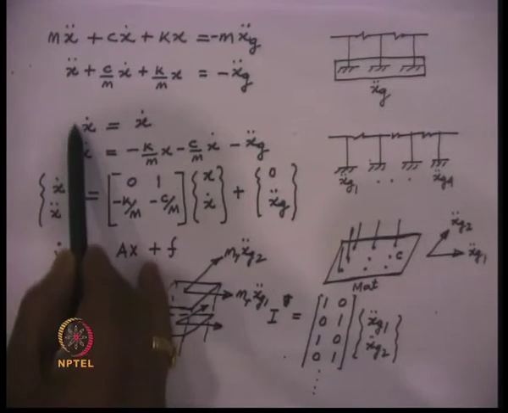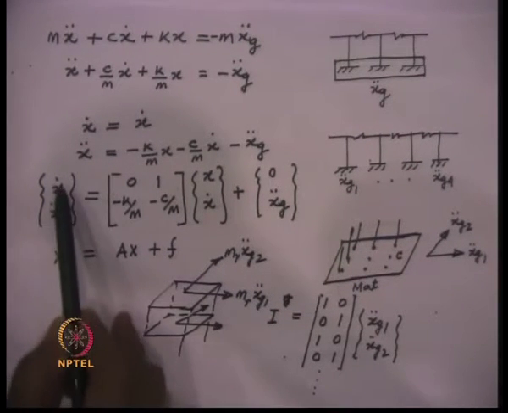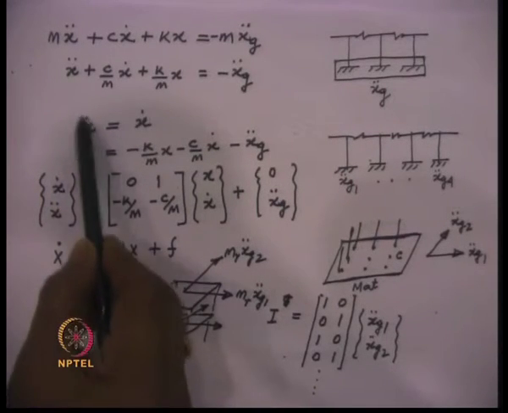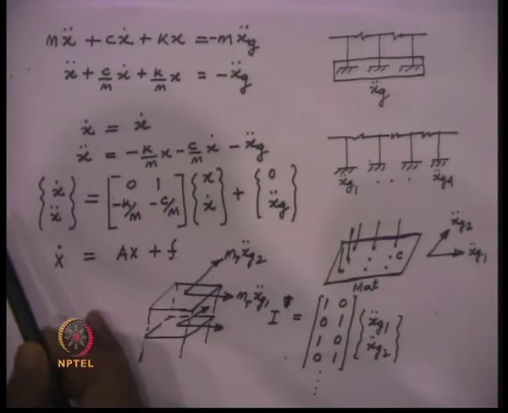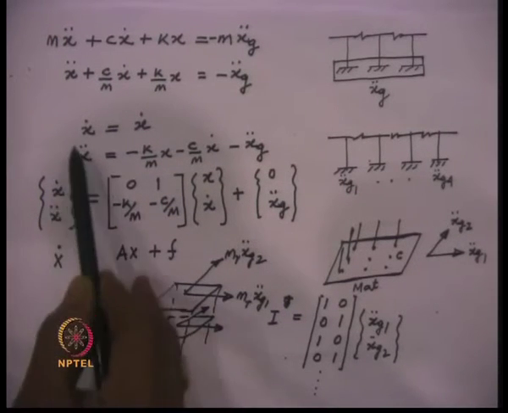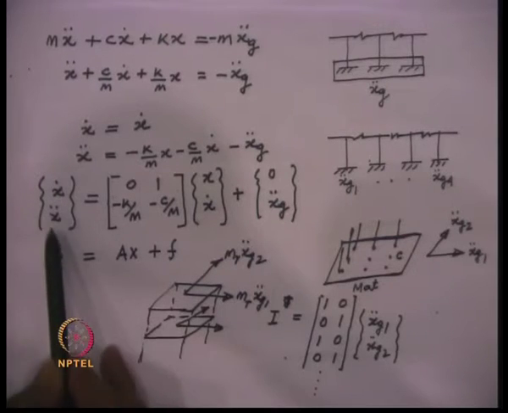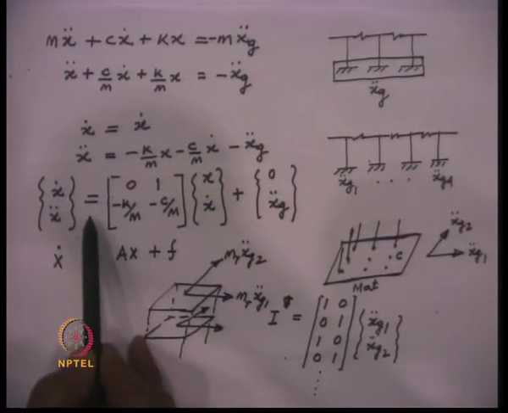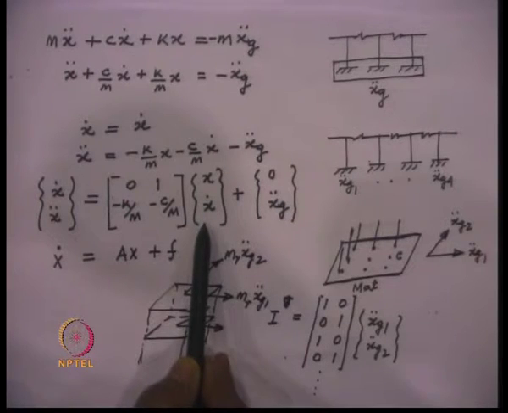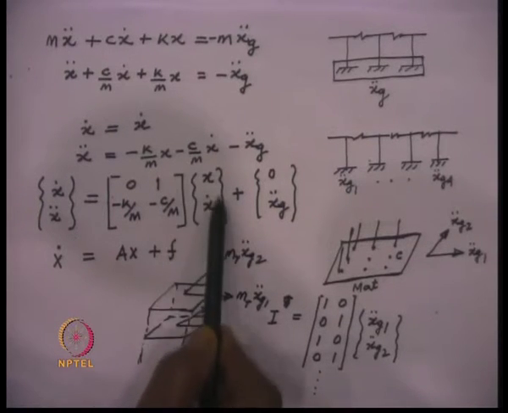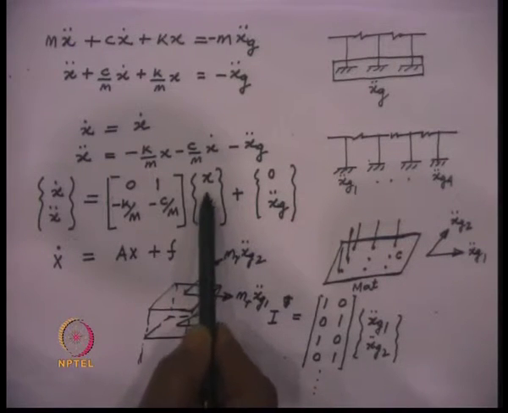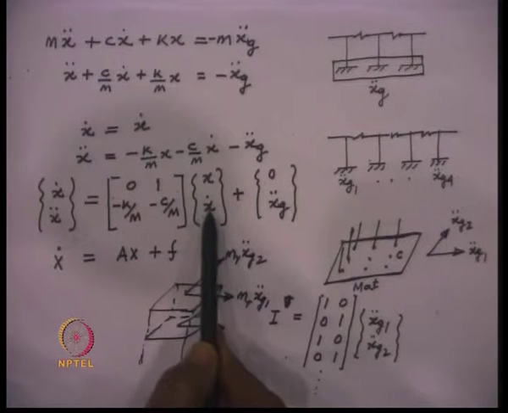Now, these two equations we write together by defining x and x dot as a vector. These two equations can be written in this form: x dot and x double dot as a vector is equal to this matrix multiplied by x and x dot, where x and x dot is the state of the system, or the value of the capital X vector.